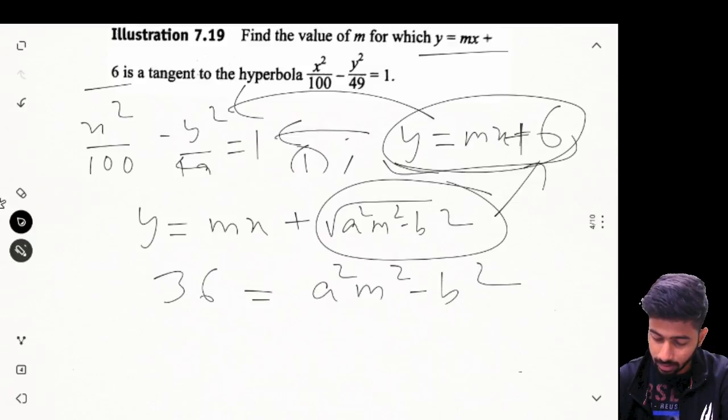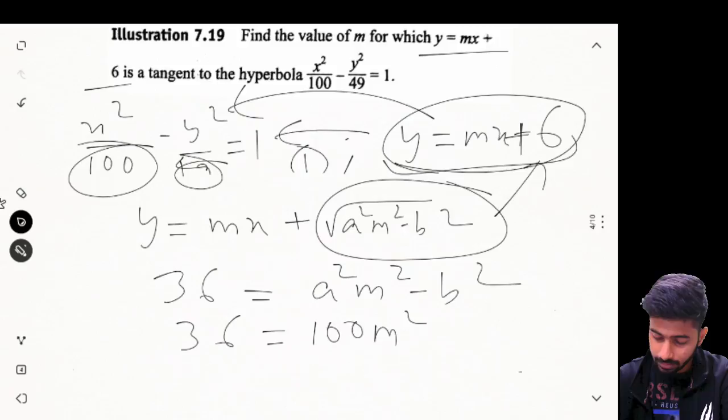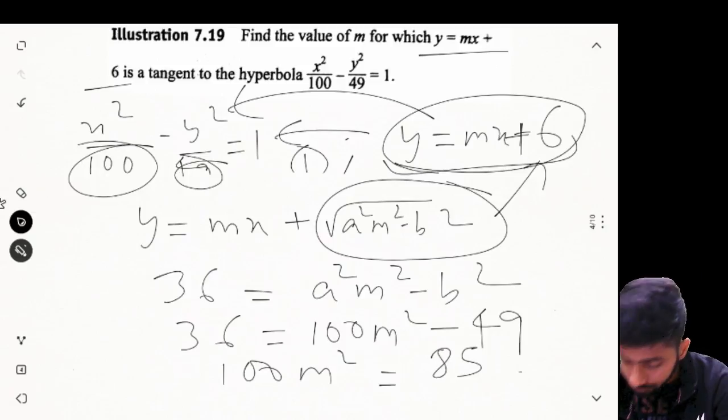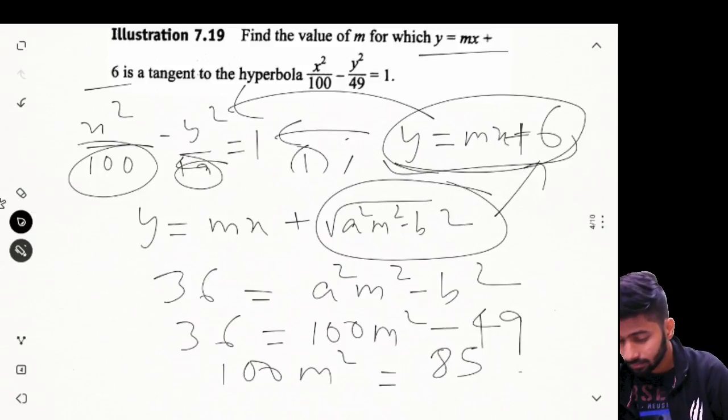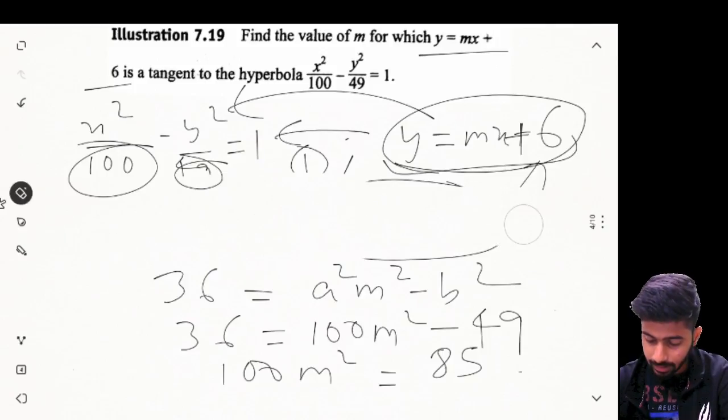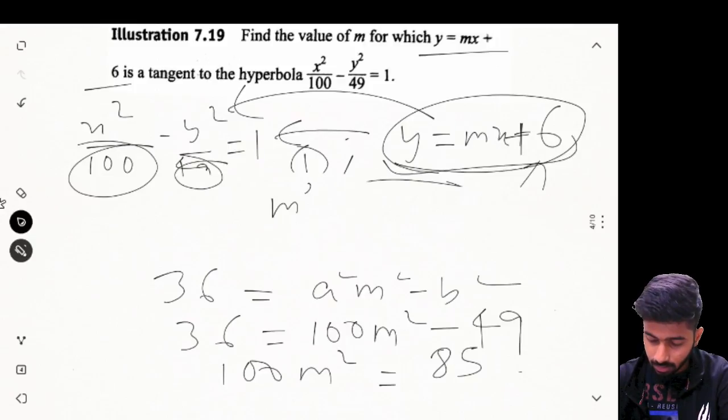You have a square with you, which is 100. And you also have b square with you, which is 49. So you have 100 m square is equal to 85. Right. So m square is nothing but 85 by 100.